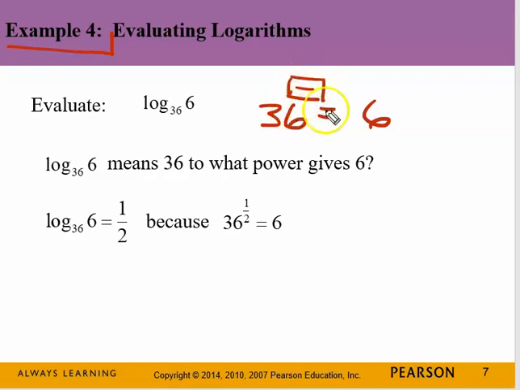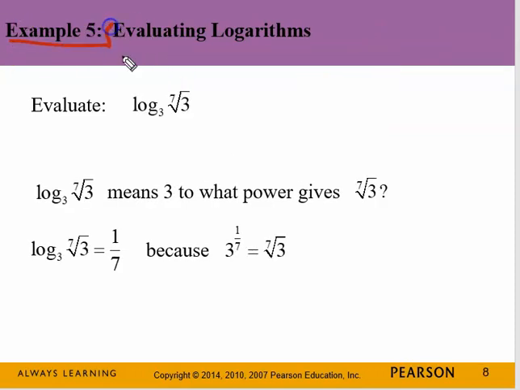And what did we say the fraction 1/2 was equivalent to? Well, that was taking the square root of something. So in this case, the square root of 36 would be 6. So our fraction here is 1/2. And they've worked it out for us here as well.